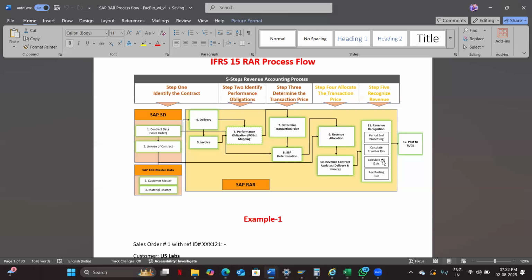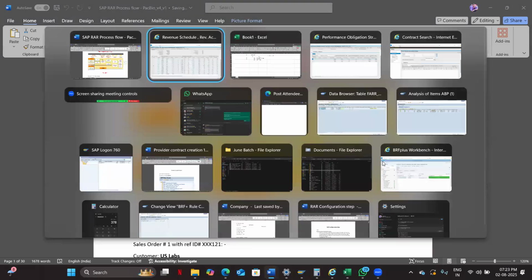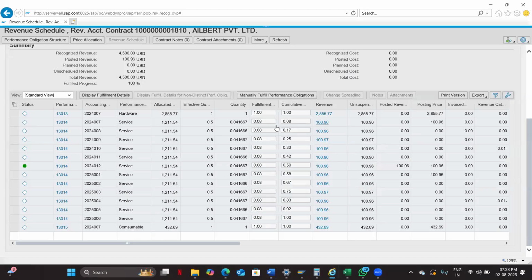At that time, we first recognize revenue as unbilled. In the unbilled account we take our monthly revenue amount and recognize it. Here you can see, this is unbilled also.